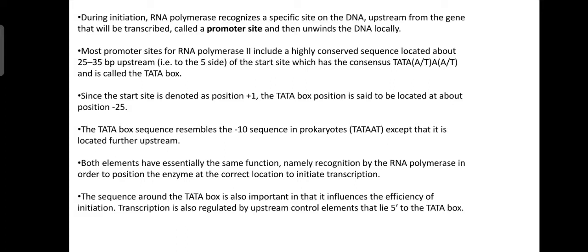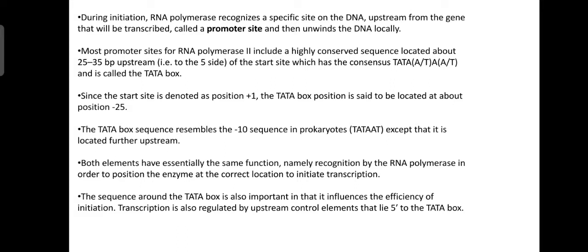Once this RNA polymerase recognizes the specific site, it will start unwinding the DNA locally. Most promoter sites for RNA polymerase II include a highly conserved sequence. Most promoter sites of what? Of the RNA polymerase II enzyme.